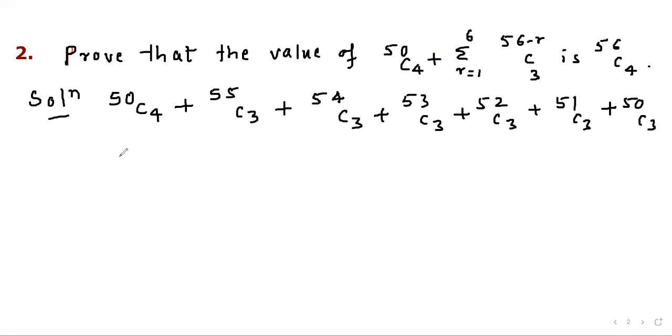Now we can start grouping. The formula is, we know that NCR plus NCR minus 1 gives N plus 1 CR. So the same formula we can apply.